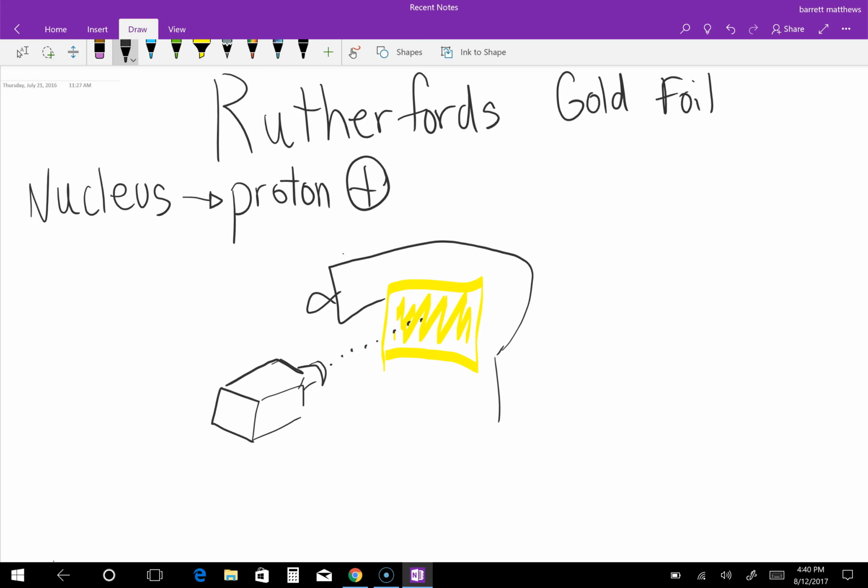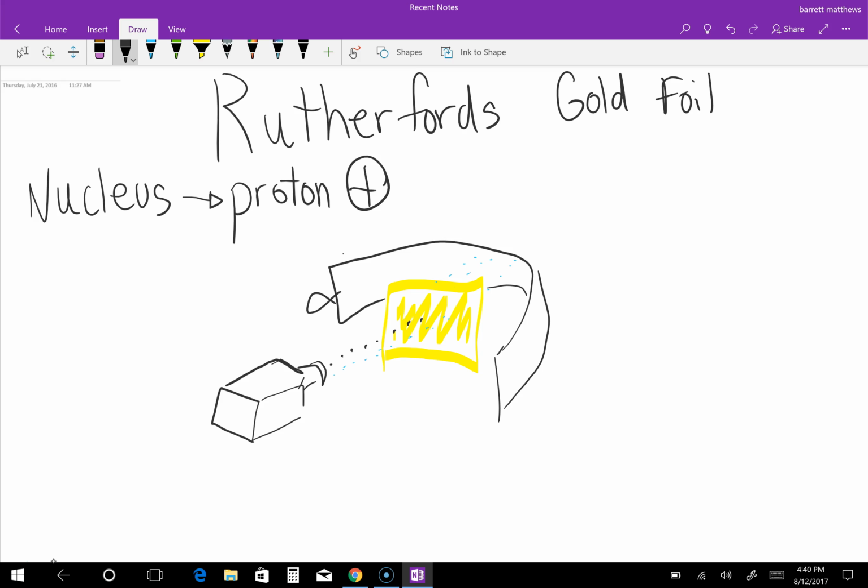Around the foil, he had set up a sensor to detect any particles that may pass through or even bounce off. As the particles come out, they would go through and hit the other side if they touched nothing.